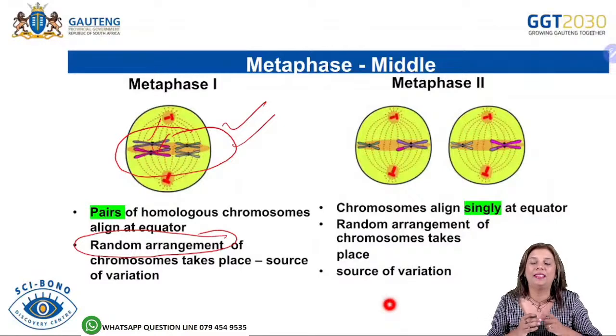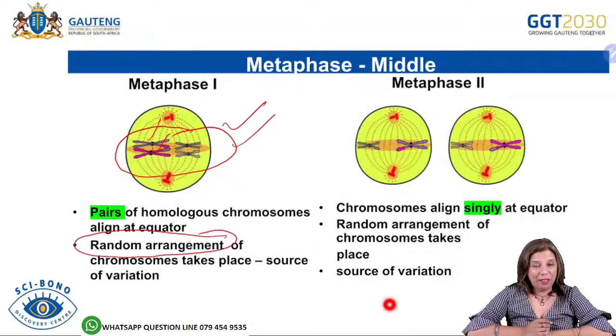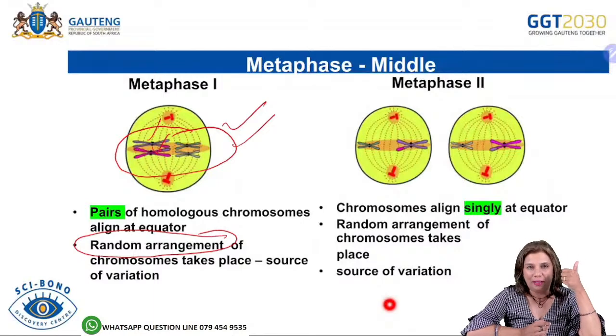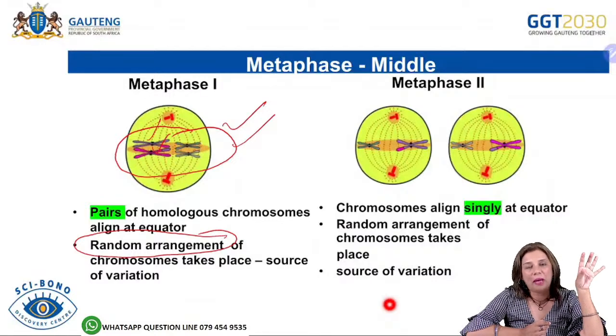No, it's the crossing over. And it's the random arrangement of the chromosomes at the equator. Okay? So now we know that we've learned 2 words, random arrangement. Random arrangement is assigned in our minds to metaphase 1.